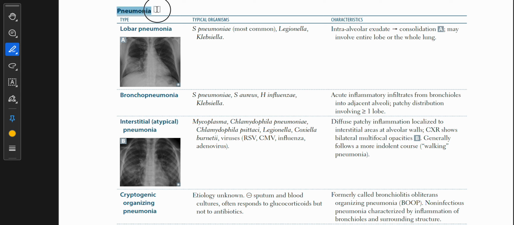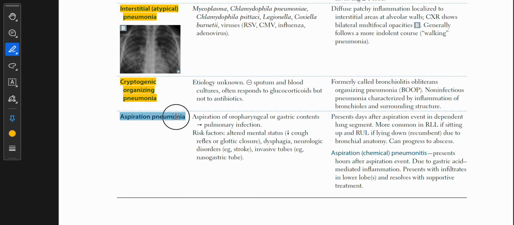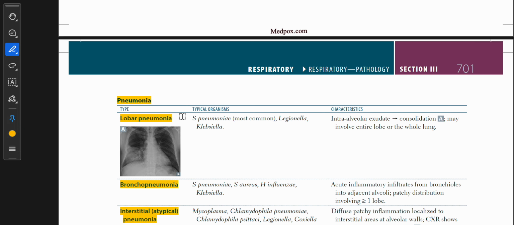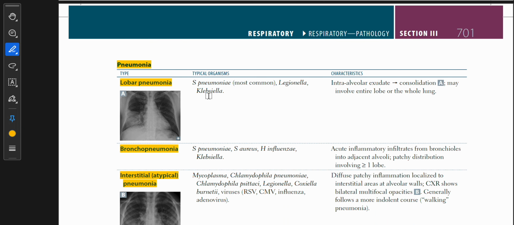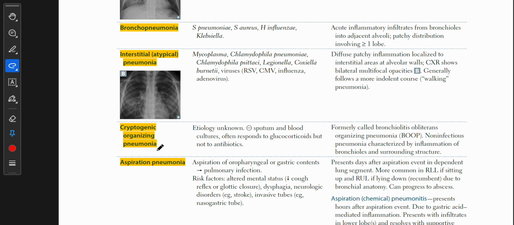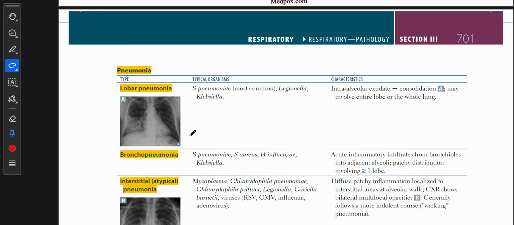So what is pneumonia? Pneumonia is the inflammation of lung parenchyma actually. So there are types of pneumonia: lobar pneumonia, bronchopneumonia, interstitial pneumonia, and also cryptogenic organizing pneumonia and aspiration pneumonia. These are the types of pneumonia, right? These are all differentiated by causative organisms and also the characteristics.